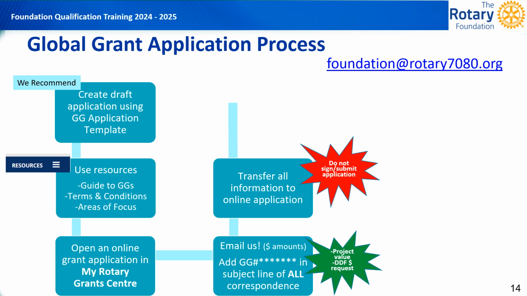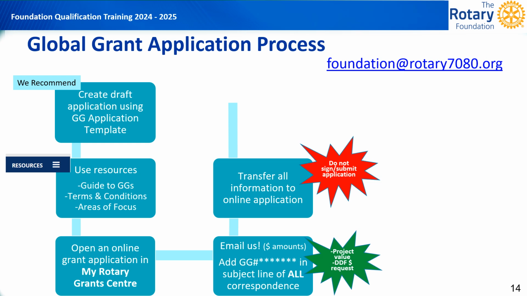All the information from the grant template can now be copied and pasted into the online grant application in the Grant Center. Please advise the host club not to lock, sign, or submit the application until it's been reviewed by our Global Grant Advisory Committee. If they do, and the committee recommends changes, then they will need to unlock the grant, make the changes, and request signatories to re-sign the application, which can be a very lengthy process.